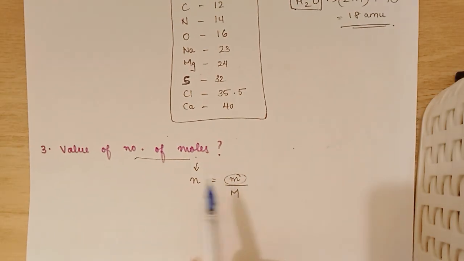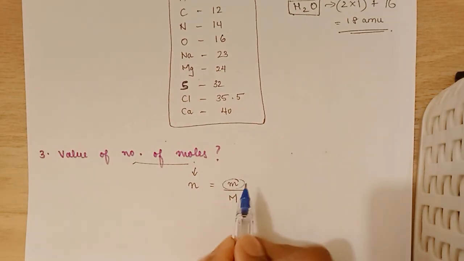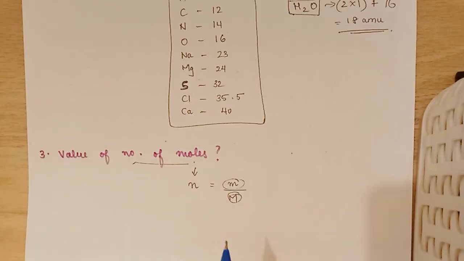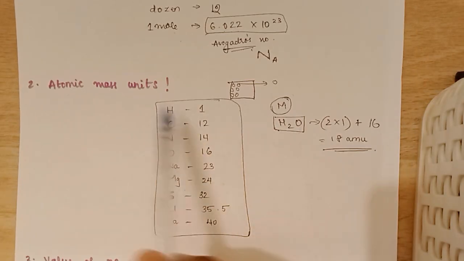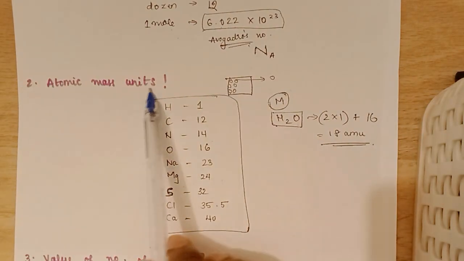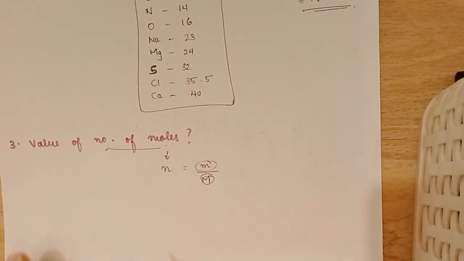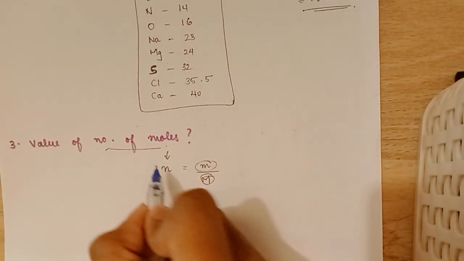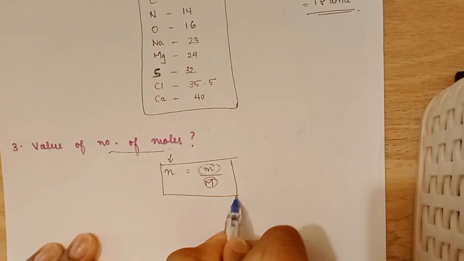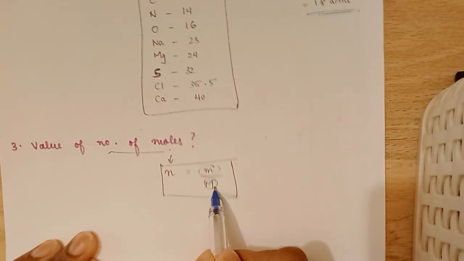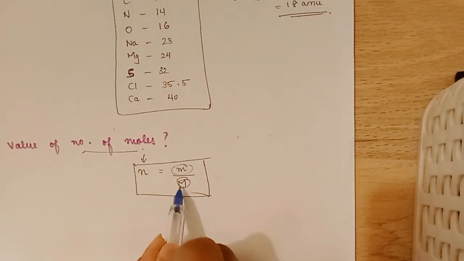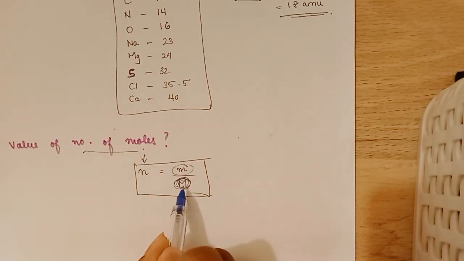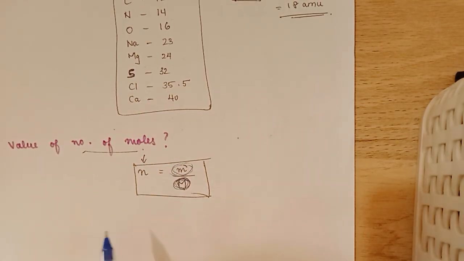Given mass will always be given in the question. And molar mass, how do we find the molar mass? Using the atomic mass units. That's why I said you need to know this to go through all the questions that we'll be looking at. So this is another formula that you need to keep in mind: n is equal to m by M.